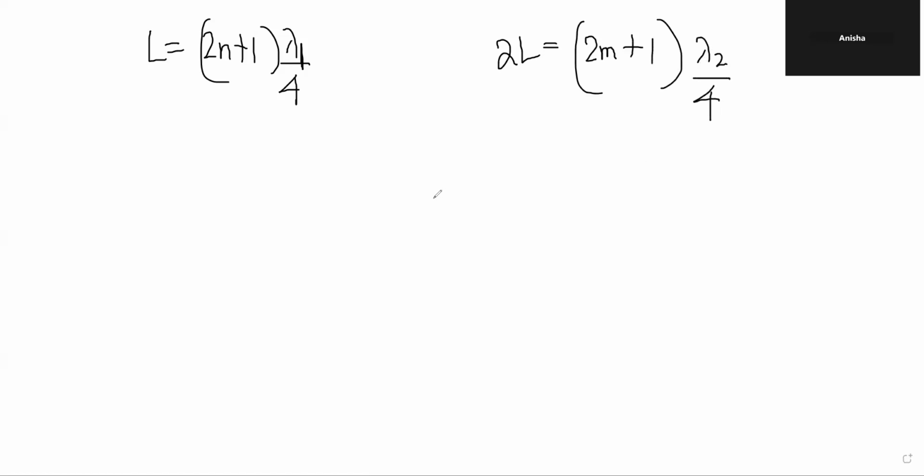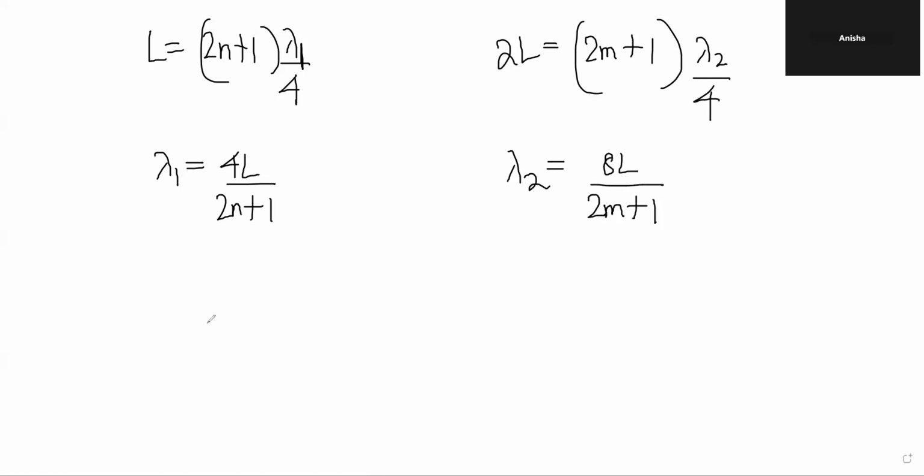So from here we are getting lambda 1 is 4L by 2n plus 1, and here we are getting lambda 2 as 8L by 2m plus 1.